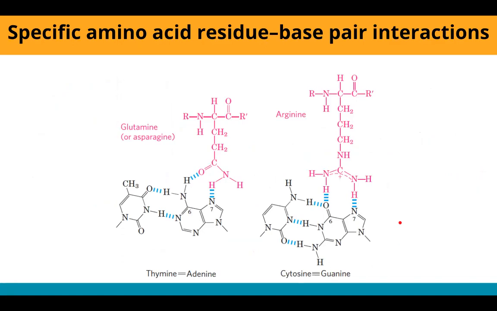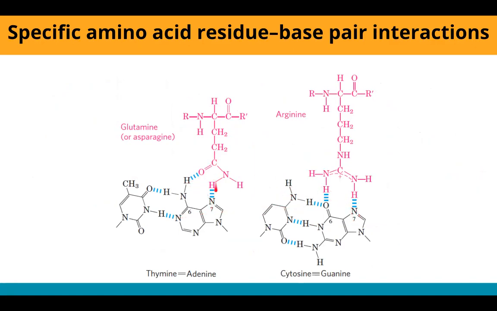Okay. Now, we have specific amino acid residues. So, for example, glutamine and arginine, these are components of proteins, right? Through their side chains, they form hydrogen bonds with the nucleobases.